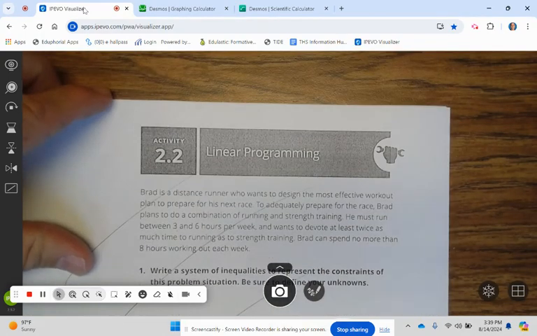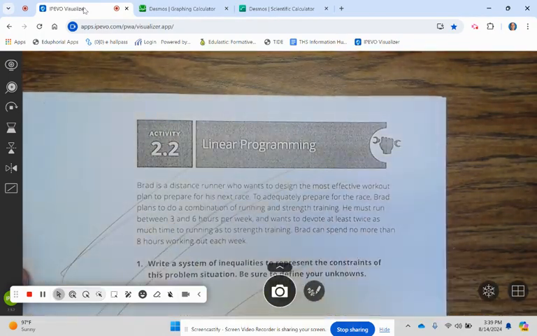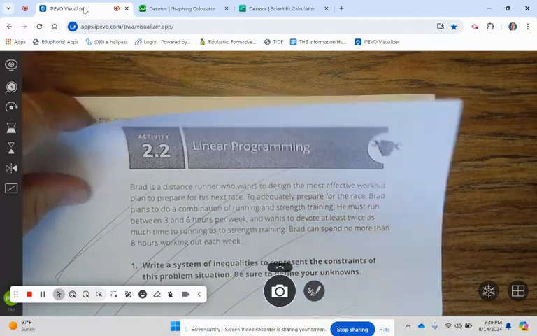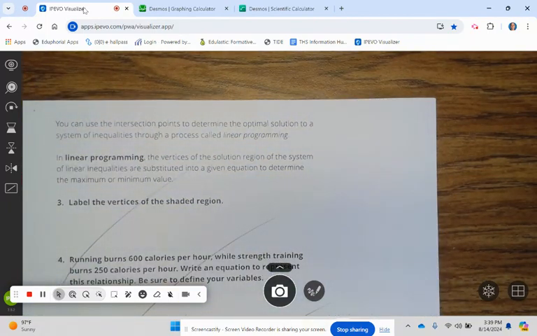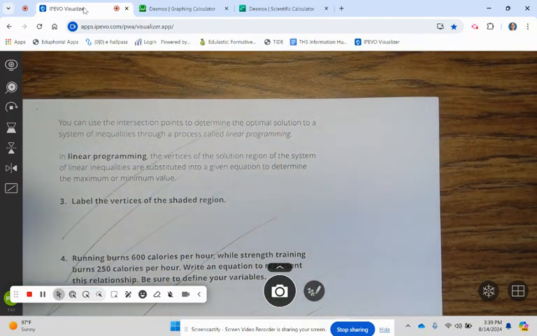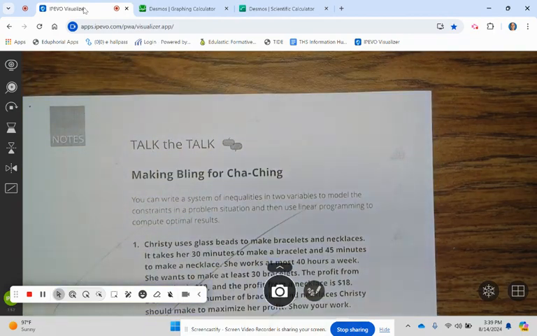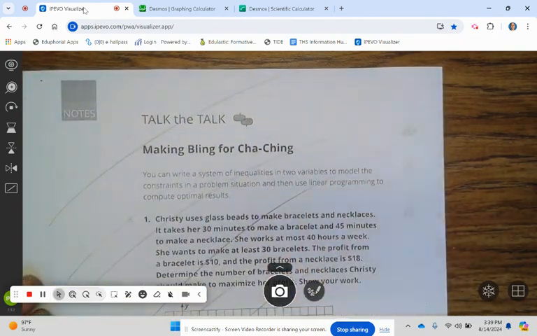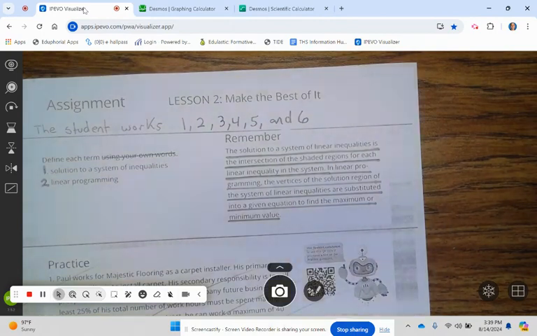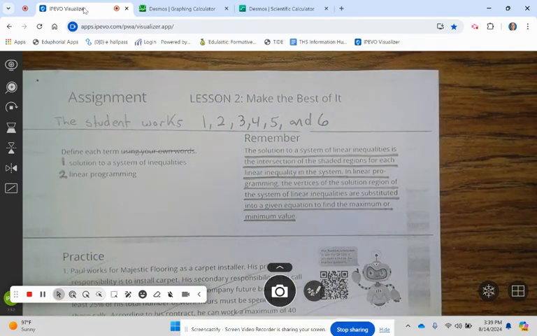Go ahead and mark out this page. Go ahead and mark out this page. Go ahead and mark out this page. All right, the student works are questions 1, 2, 3, 4, 5, and 6.